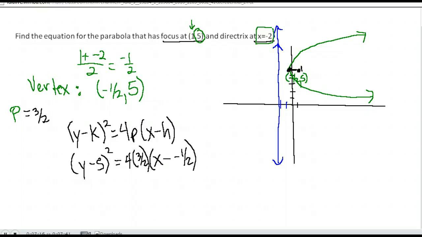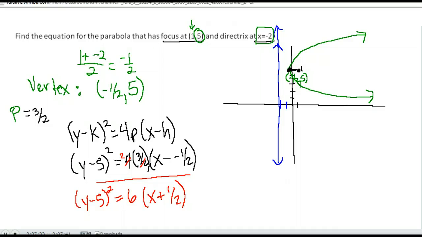Go ahead and simplify all that, and we get (y minus 5) squared equals 4 times 3/2, which is going to give me 6. And then x minus negative 1/2 we would write as x plus 1/2.